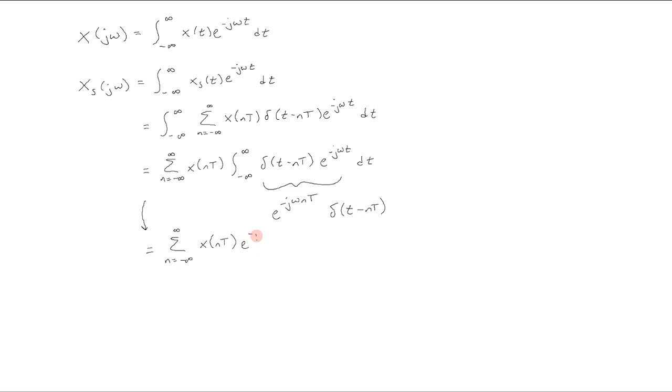So that becomes e to the minus j omega n capital T times the integral from negative infinity to infinity of delta of t minus nT, because that is a function of little t, dt.